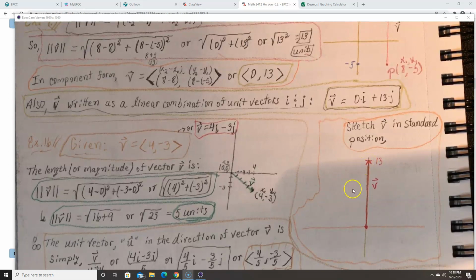How else can we write this vector that is now in standard position? How else? Well, we can write it in terms of the unit vectors.